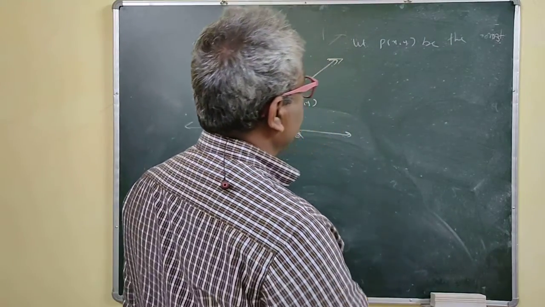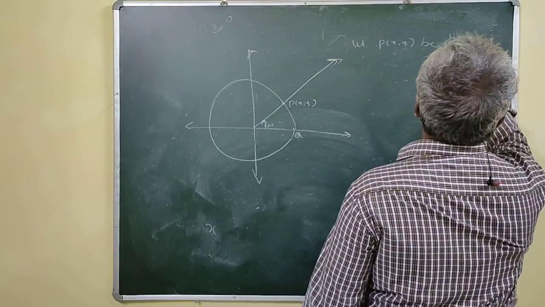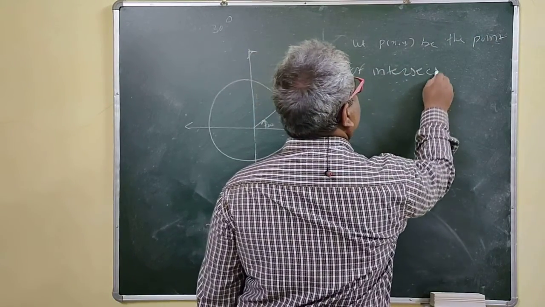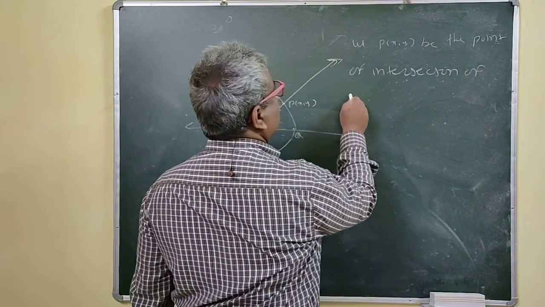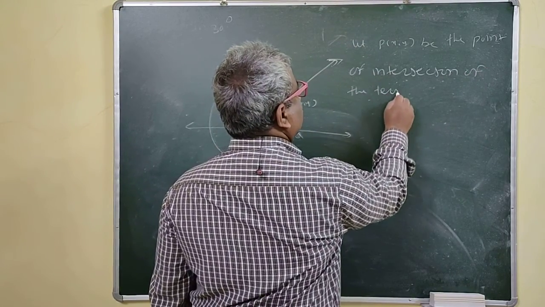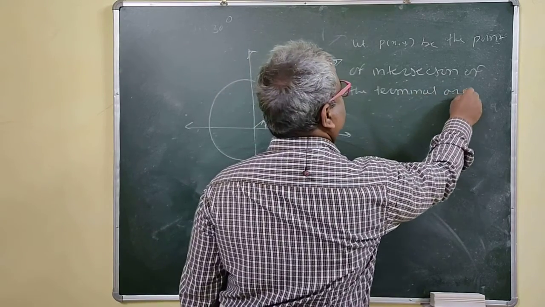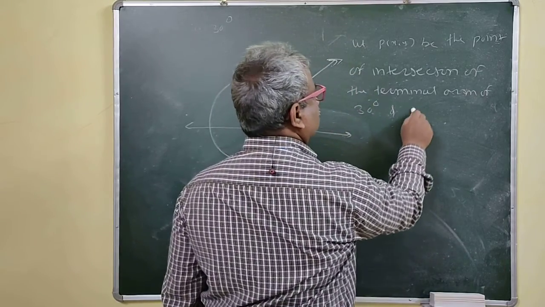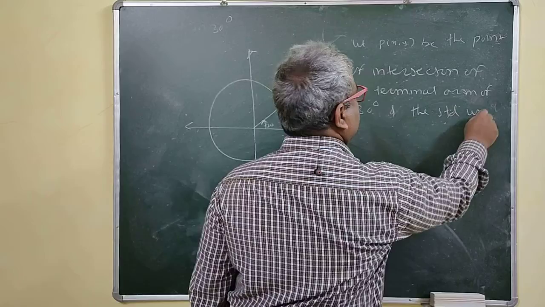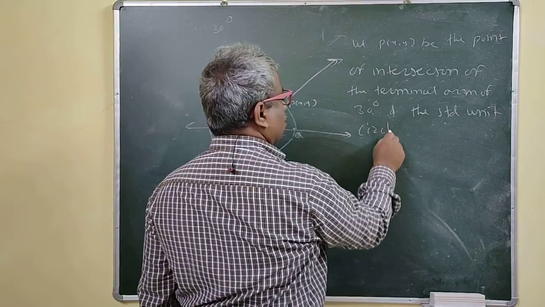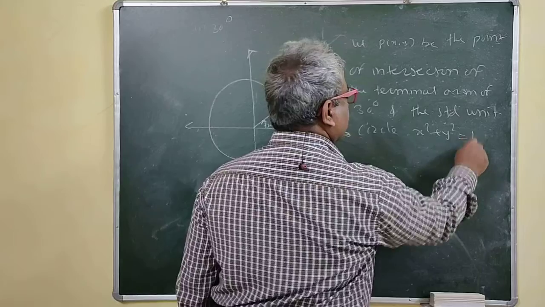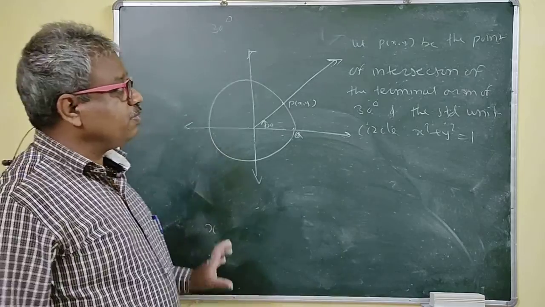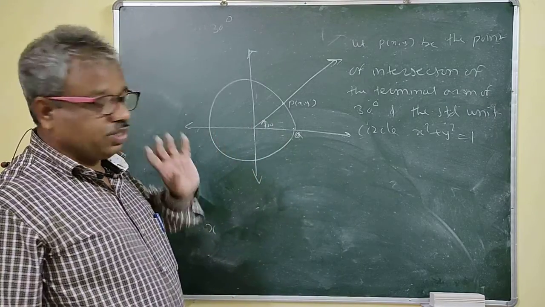So let P(x, y) be the point of intersection of the terminal arm of 30 degree and the standard unit circle x square plus y square is equal to 1. Your drafting should be very nice if you are solving the problem.